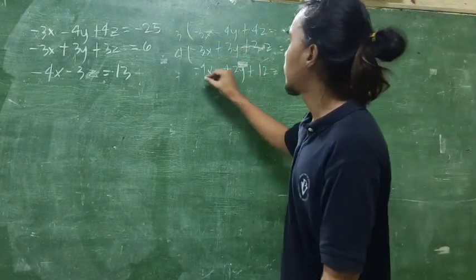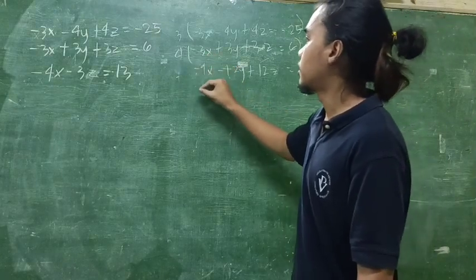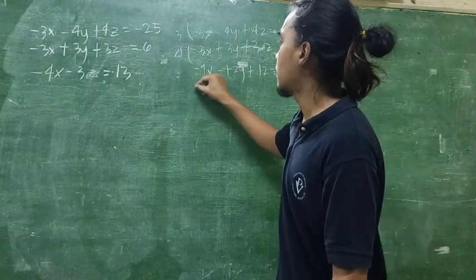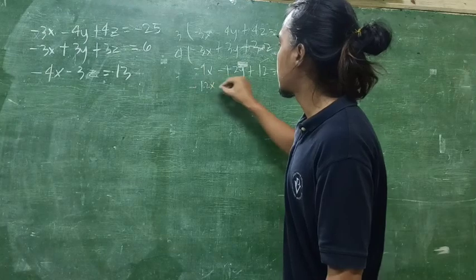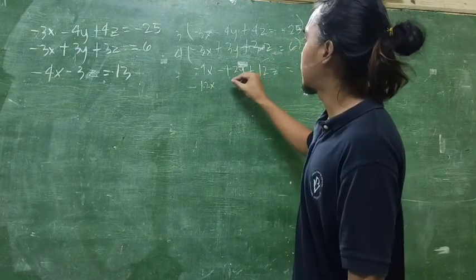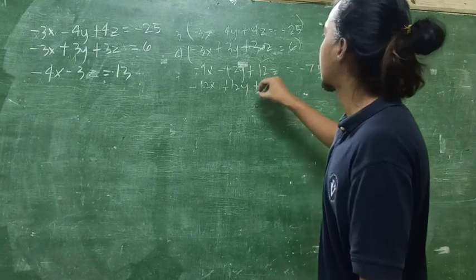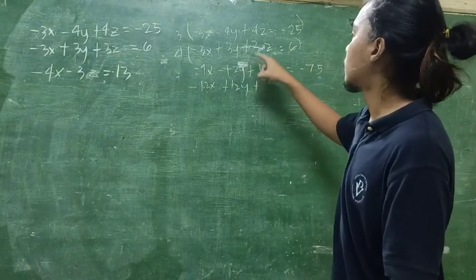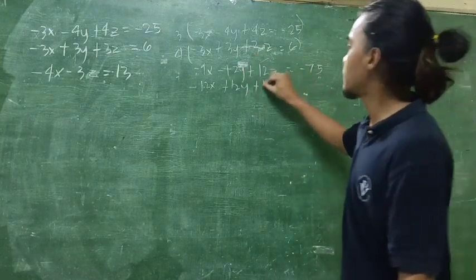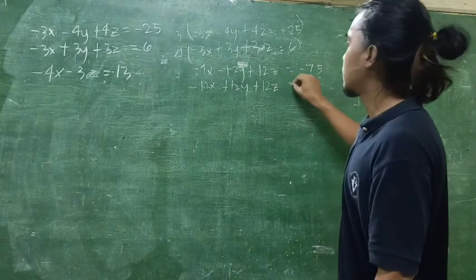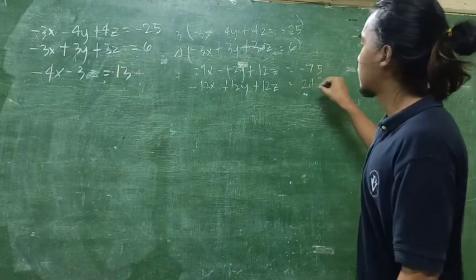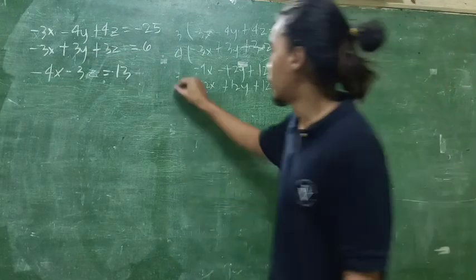So 4 times negative 3x is negative 12x, plus 12y, plus 4 times 3z is 12z, equals 4. Simply add these two equations.